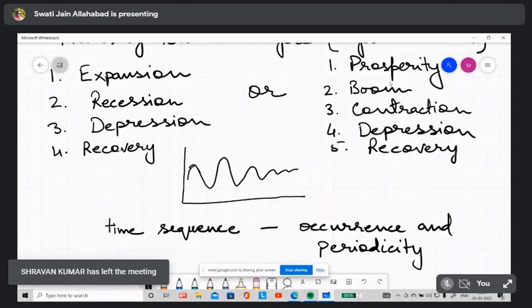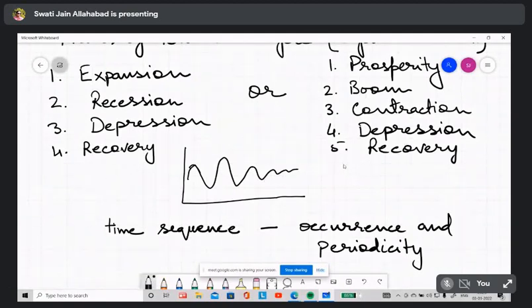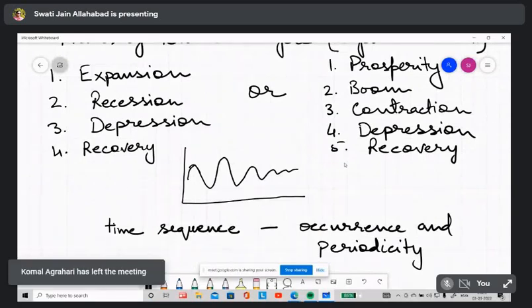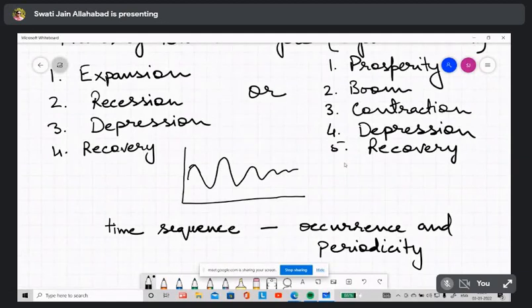Or for some economies, prosperity and boom will be much longer, and contraction and depression much shorter. Take the example of India and China: they have a longer time of expansion and prosperity and a shorter time of slowdown or recession.